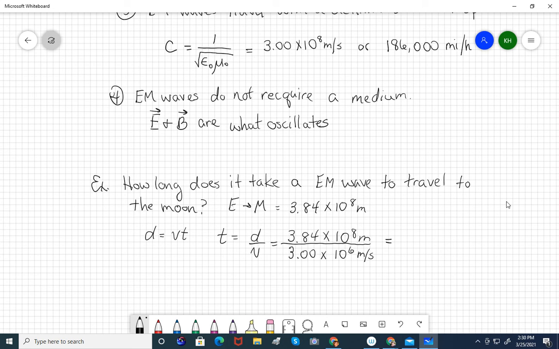If you put that in a calculator, it takes 1.28 seconds. That's amazingly fast.